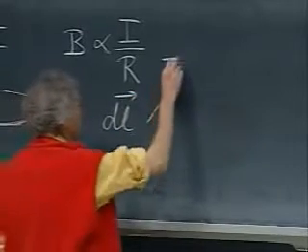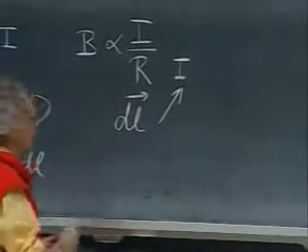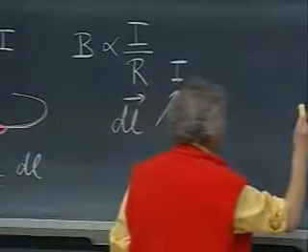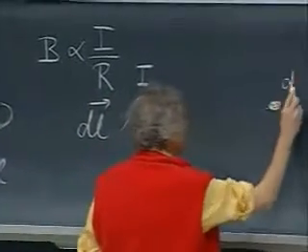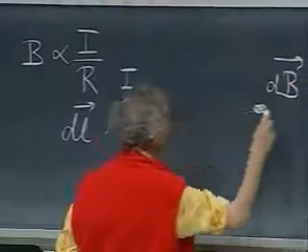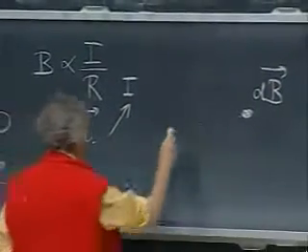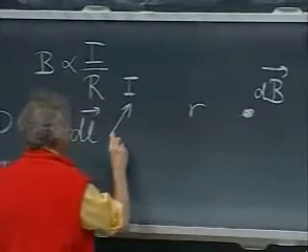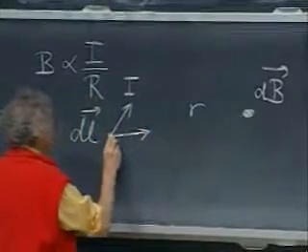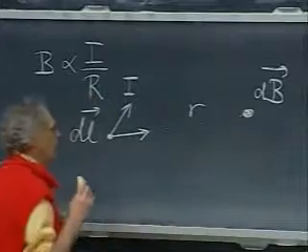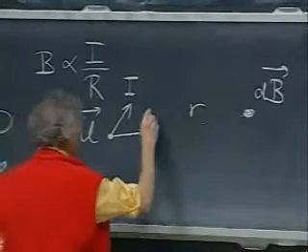and the current is in this direction, and you want to know what the magnetic field is, there is a small contribution dB from that little current element, and the distance is r, and the unit vector from the element dl to the point where you want to know the magnetic field is r roof.